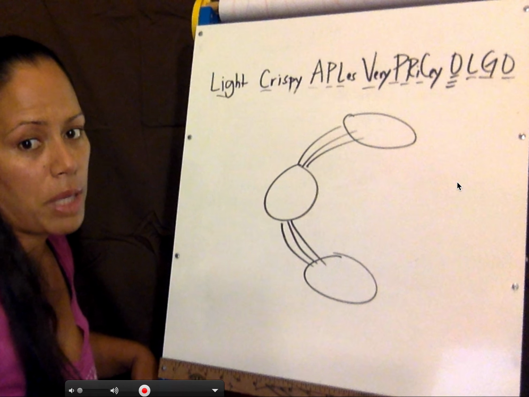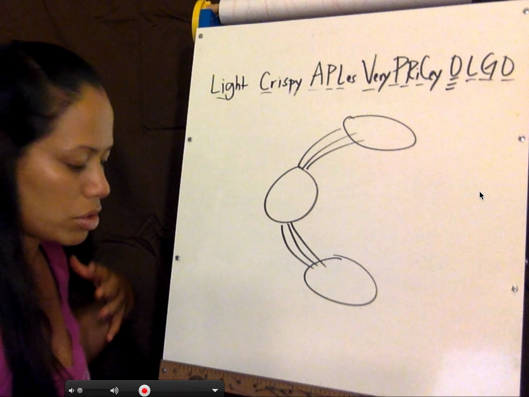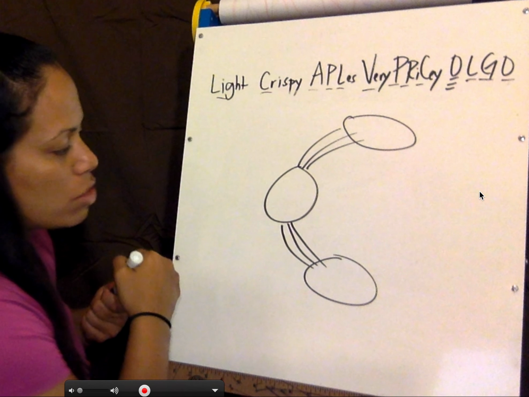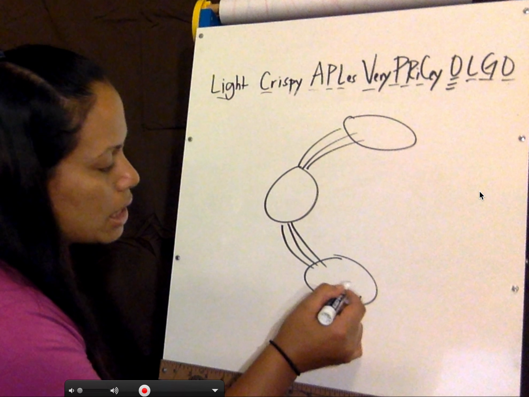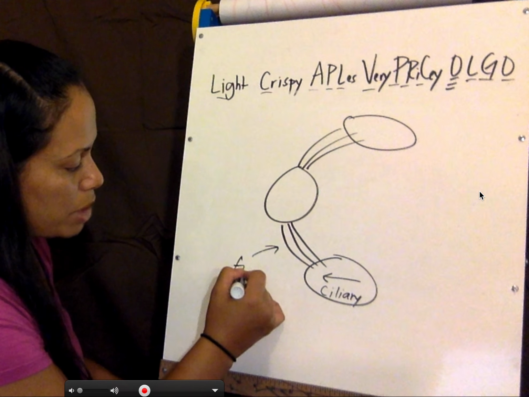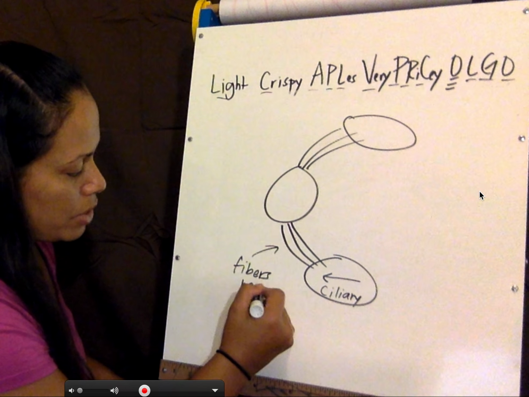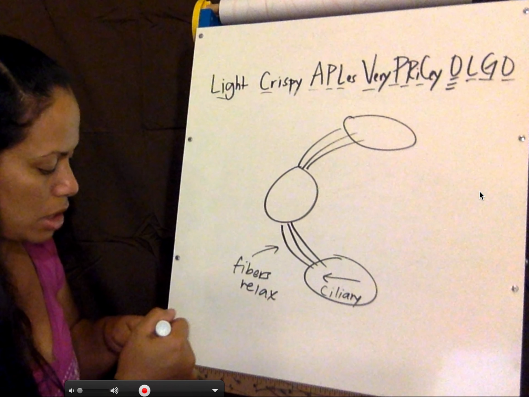For those of you that are maybe taking the 300 level, we'll just go through it. What happens when I contract the ciliary body and the muscle inside of it is that it causes the muscle to move forward, and it causes these fibers to become relaxed. When I relax the fibers, like letting go of a balloon, what happens to the balloon? It wants to naturally become a ball.